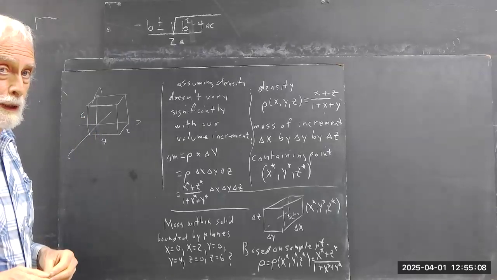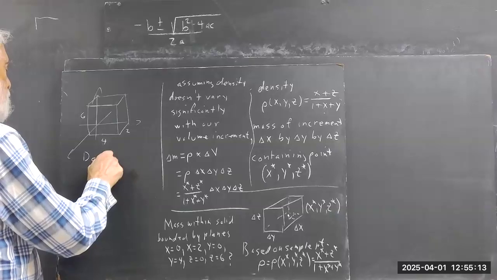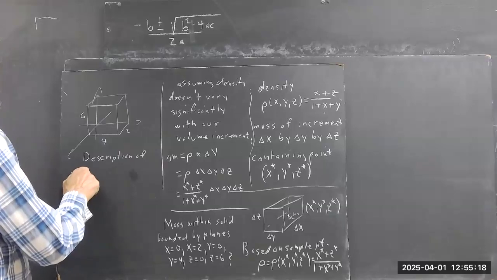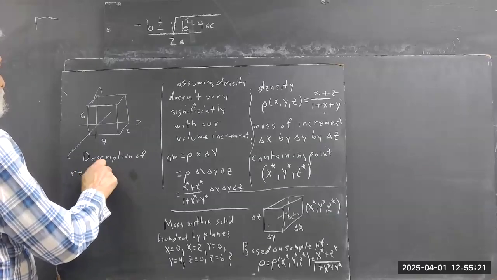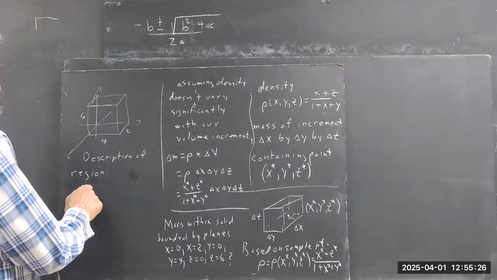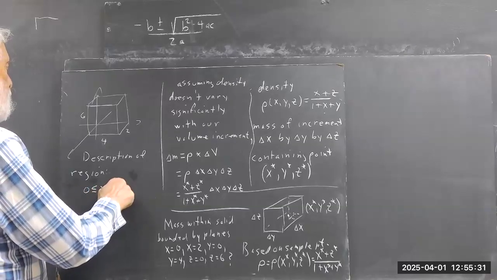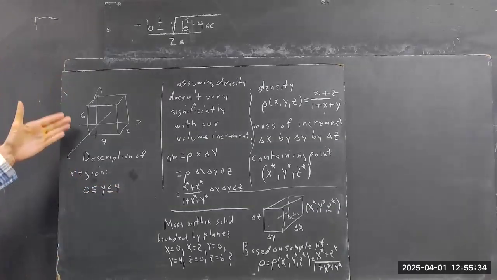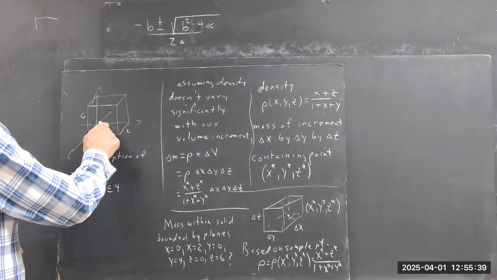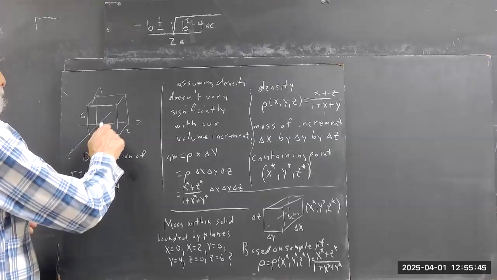Okay? Now, we want to describe this region. The y values go from 0 to 4. So we imagine moving along the y-axis, a bunch of points from 0 to 4.